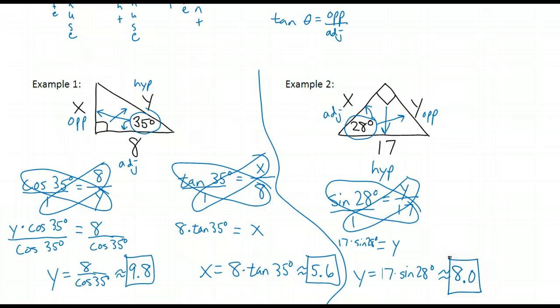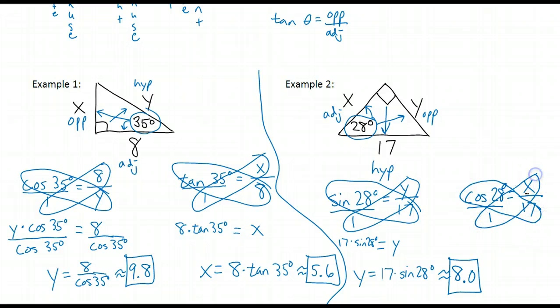Now to solve for x, I need to go to the other trig ratio that involves the hypotenuse, the cosine. So the cosine of 28 equals the adjacent side over the hypotenuse. Turn this into a fraction and cross multiply.